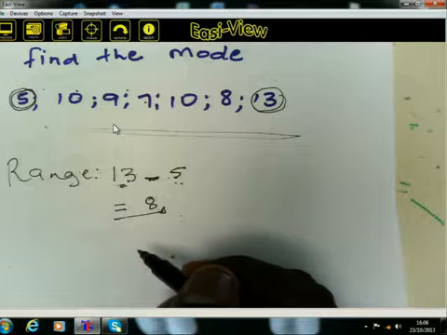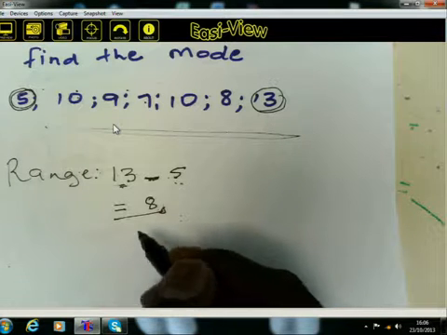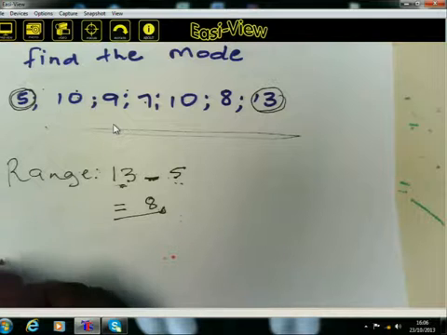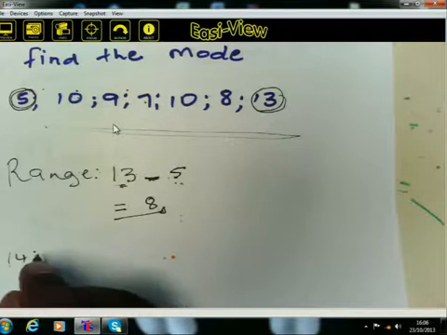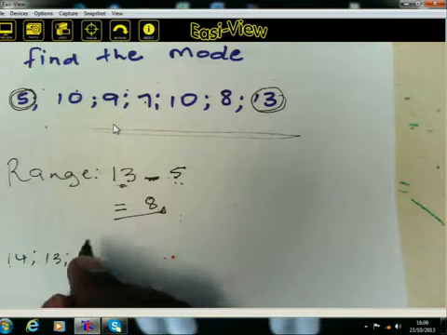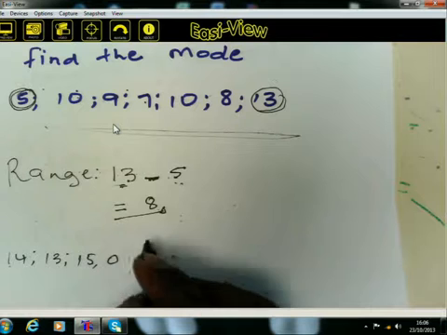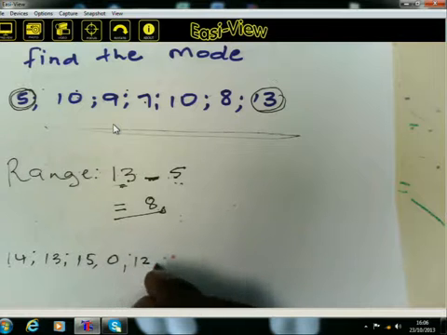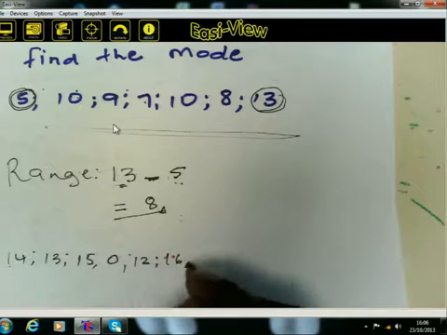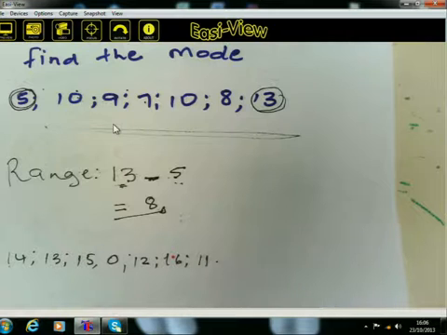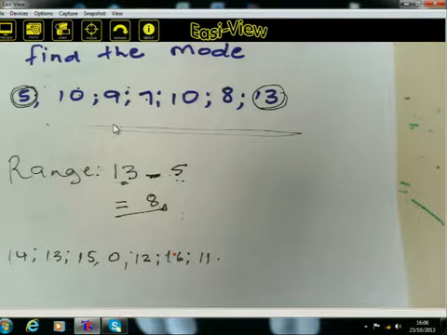Now, let's take another data set: 14, 13, 15, 0, 12, 16, and 11. Now remember, what must you do first? You must first rearrange before you look for the range or for the median.